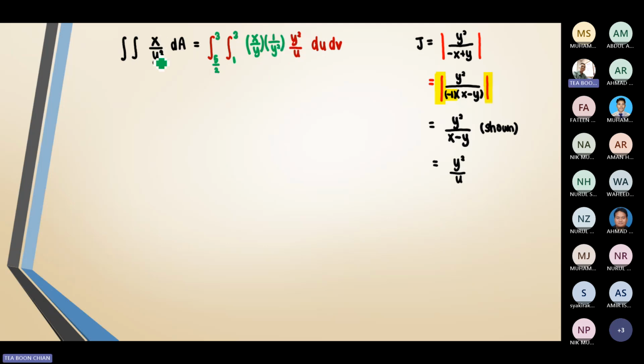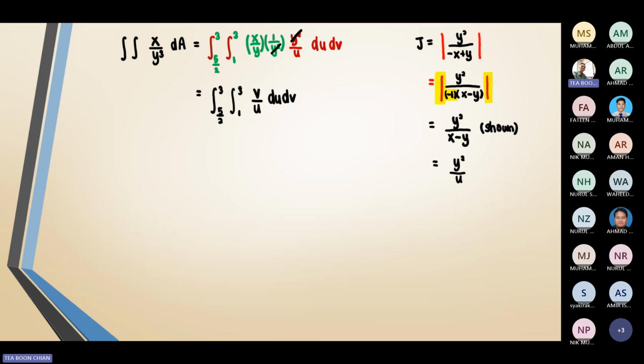Okay, x over y power 3, you split into x over y multiplied by 1 over y squared. Now you should be able to notice whatever you cannot solve for y squared just now can actually be simplified with the original question. So x over y is actually v. So this is v over u du dv.